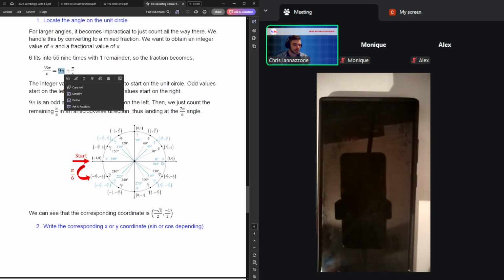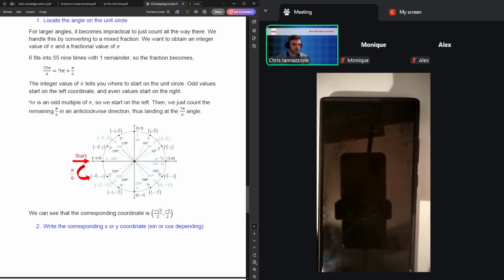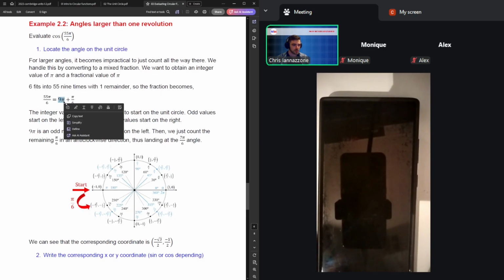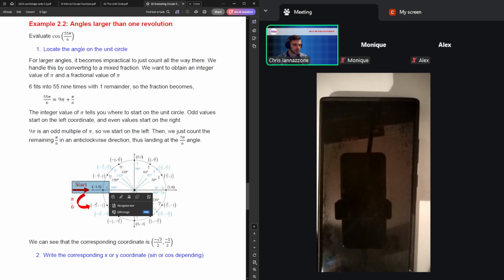Because if you think about, again, how we're counting around the unit circle, if you count in terms of pi, starting at 0, you go to pi over here, 2 pi is over here, 3 pi is over here, 4, 5, 6, 7. All of the odds are on the left-hand side. All the evens are on the right-hand side. So when you have 9 pi, it being an odd number, that tells you you should start here.